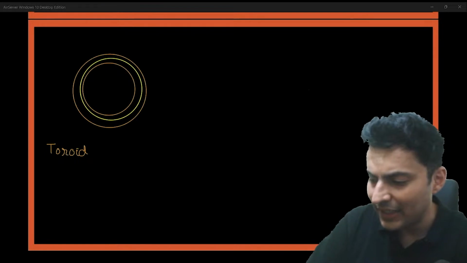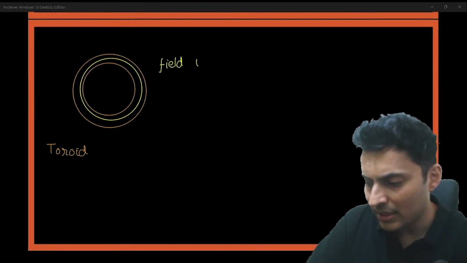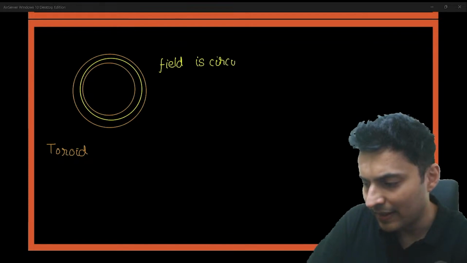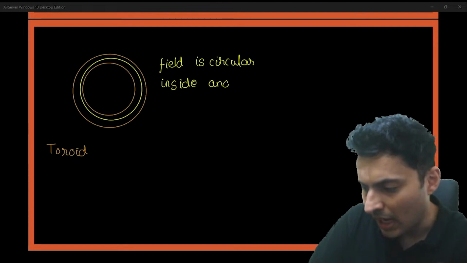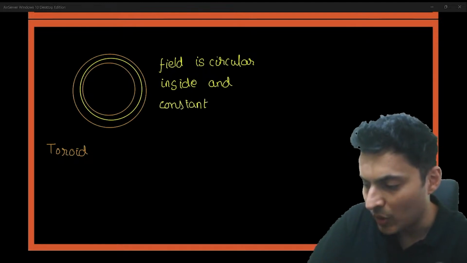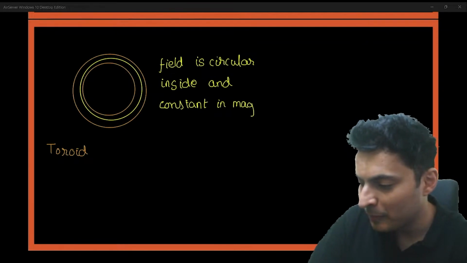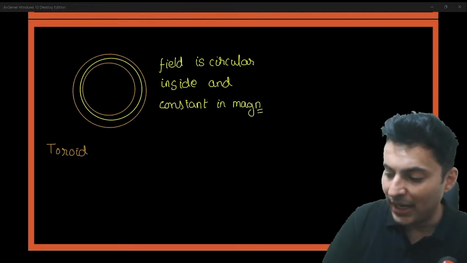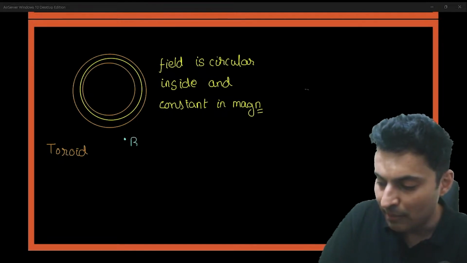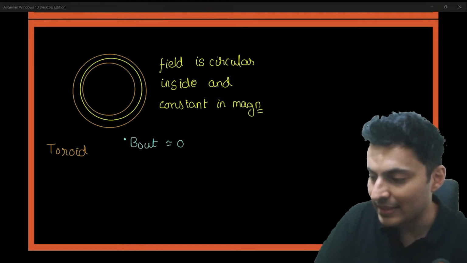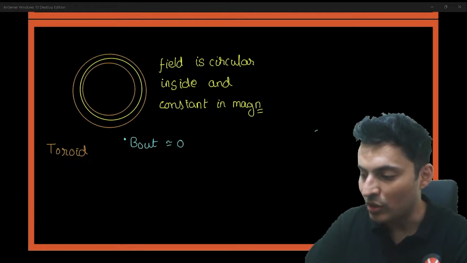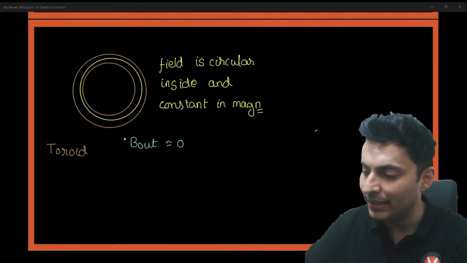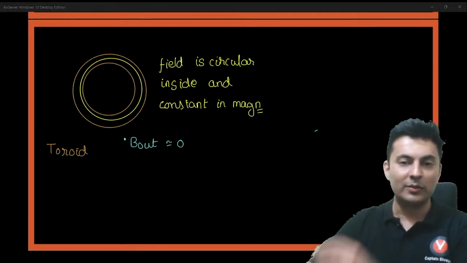Inside the toroid, the field is circular and it is constant in magnitude. There is no change in that. But the magnetic field outside a toroid is negligible. Hardly any field is there outside. Keep this in mind. Outside a toroid there is negligible field, but inside there is a lot of field.